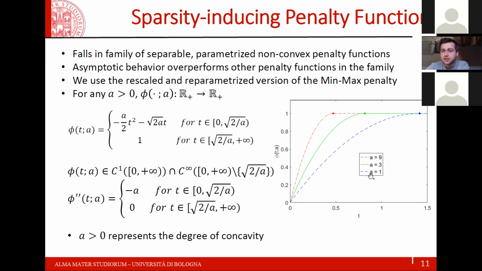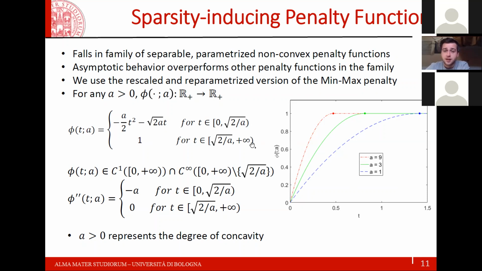As you can notice, increasing a, the transition point from the concave part to the plateau moves towards zero, and therefore for a going towards infinity, we can recover an L0 norm. Vice versa, for a going towards zero, the behavior becomes more like the convex total variation.